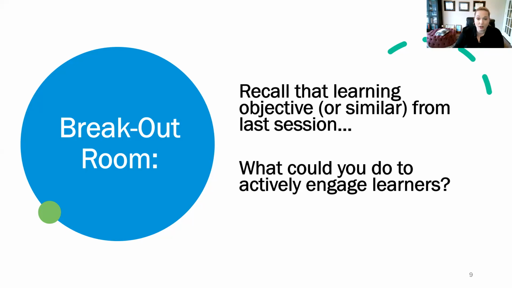If you don't, what are some potential things that you could think about or that you could do to actively engage learners, make the content relevant, all those principles that we just discussed in terms of adult learning theory. So we'll give you about 5 minutes here, and then we'll bring it back together and see what the discussions were. All right, opening the rooms now.